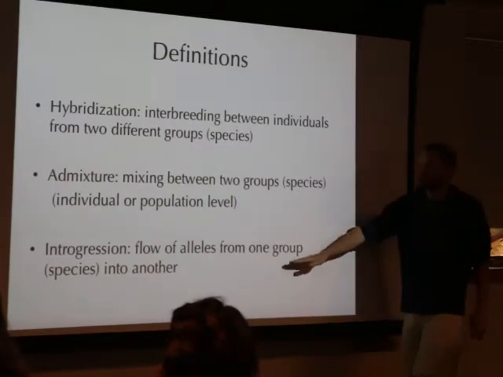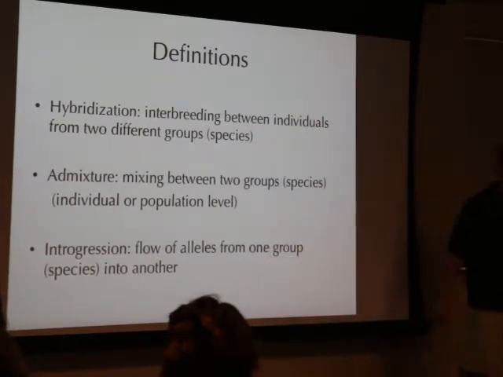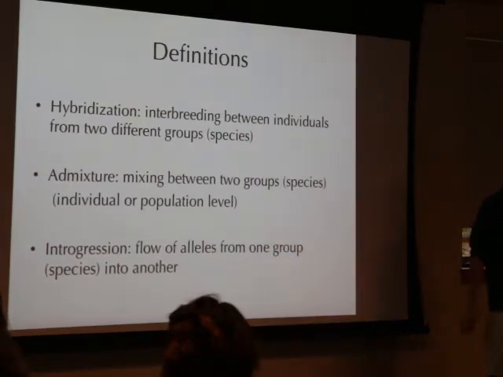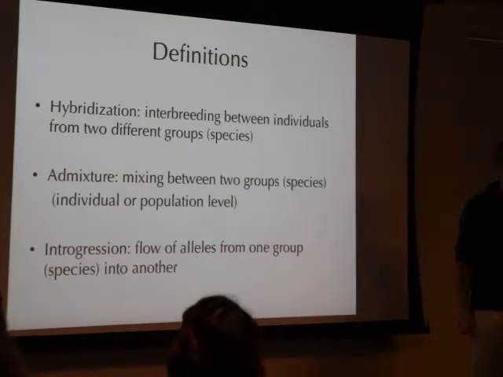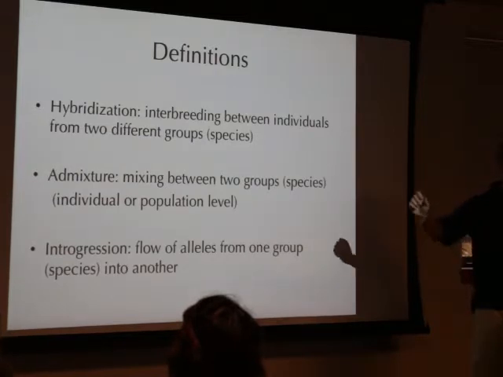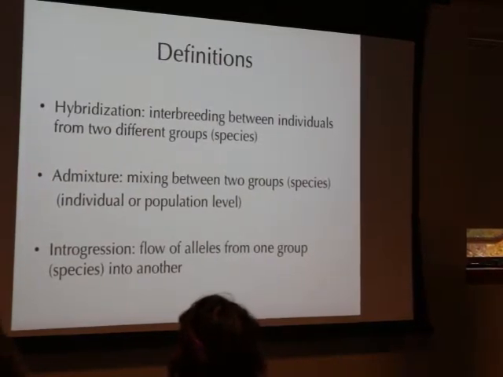And then introgression, I think of as the flow of alleles from one species into another. So again, the result of this hybridization process, but specifically looking at particular loci and thinking about alleles at those loci moving preferentially from one species into the other.